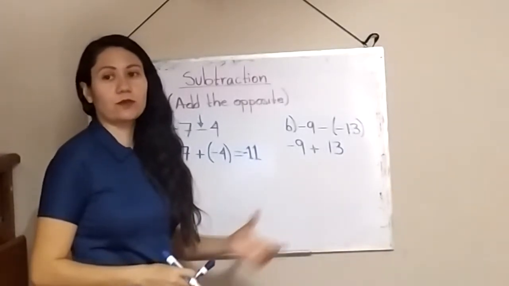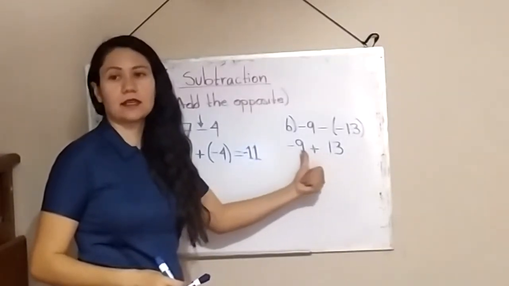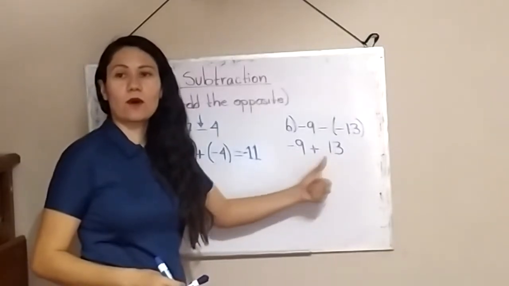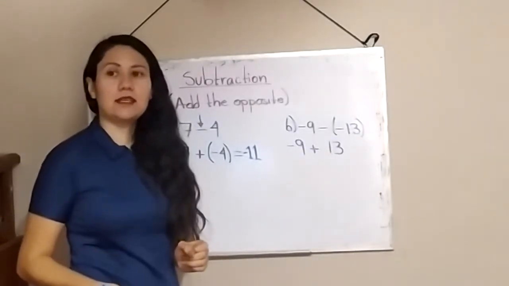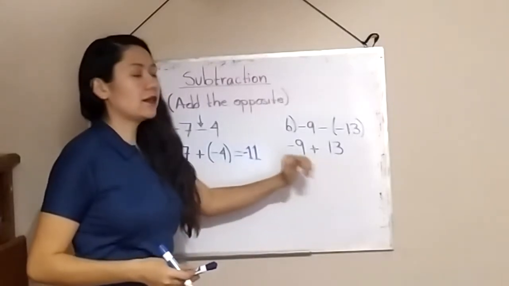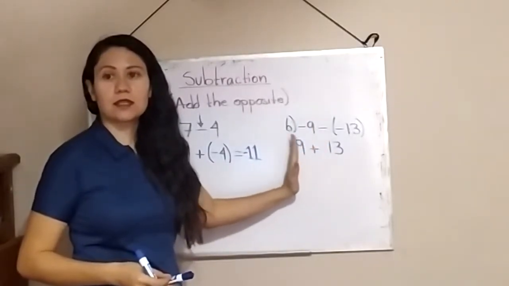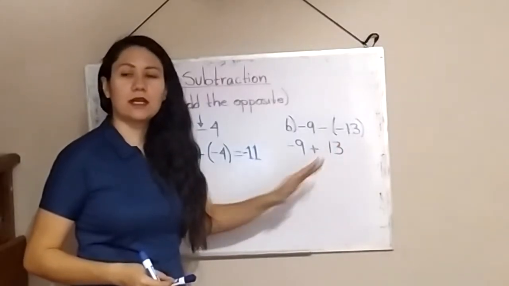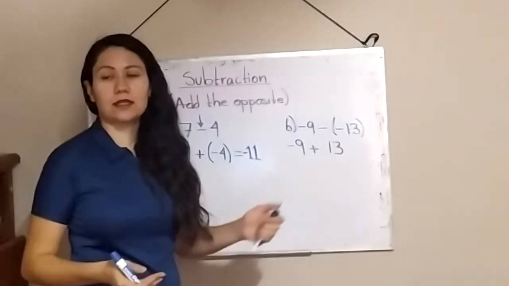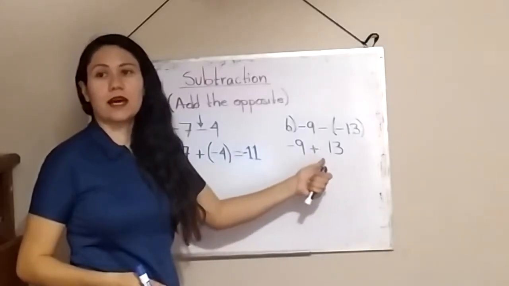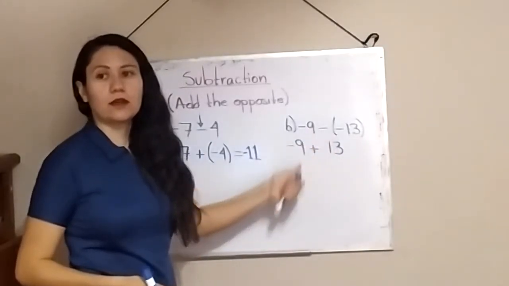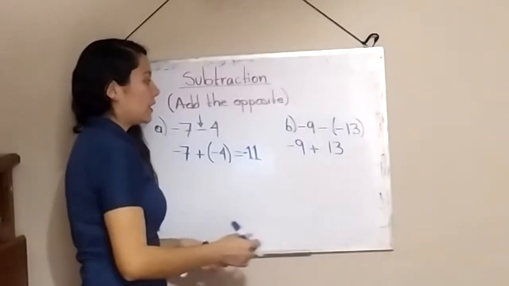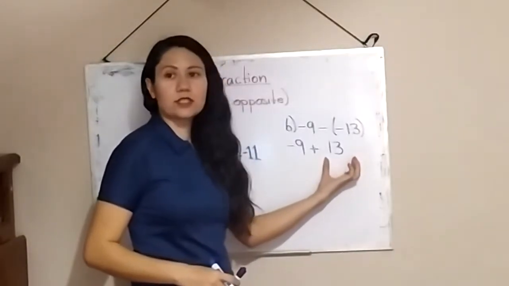Rules of the addition. We have unlike signs. We have one negative and one positive. The addition tells us that we are going to subtract the lower absolute value from the higher absolute value, and we are going to take the sign of the highest absolute value for the result. Okay? The greatest absolute value is 13.